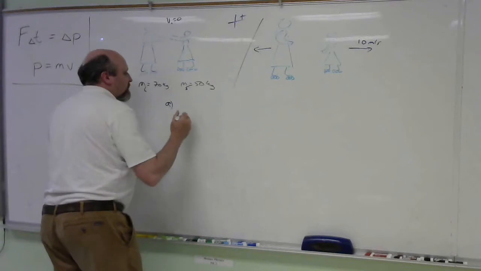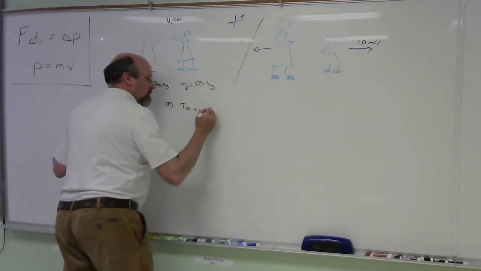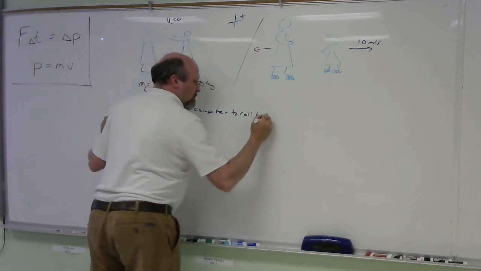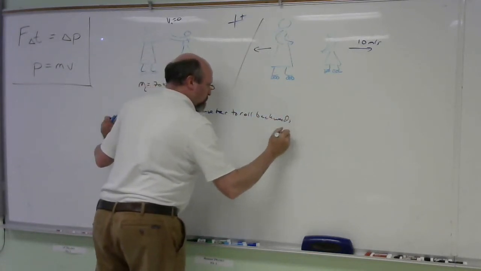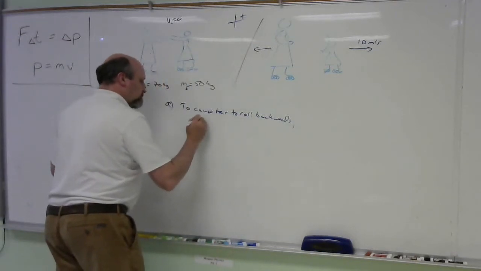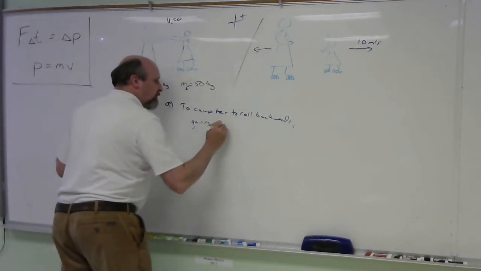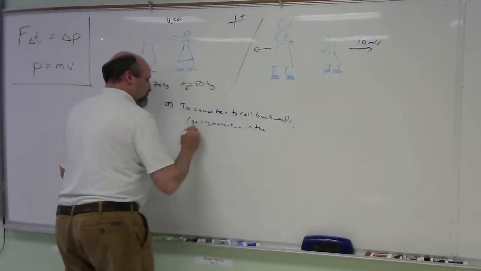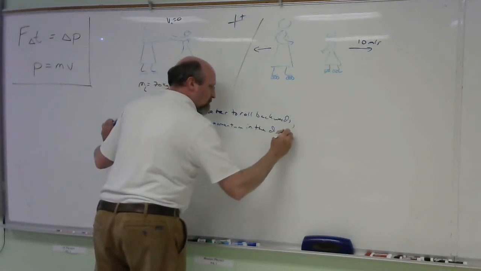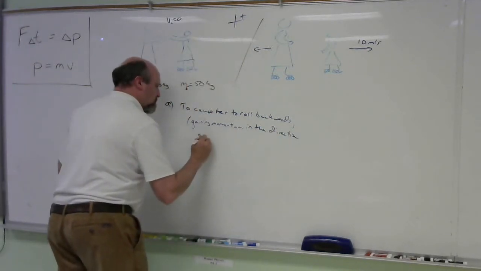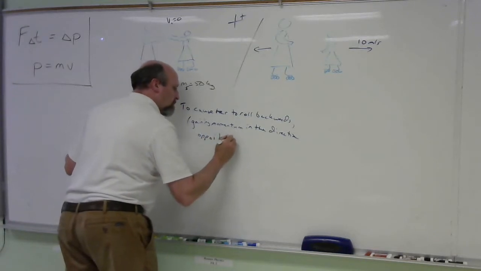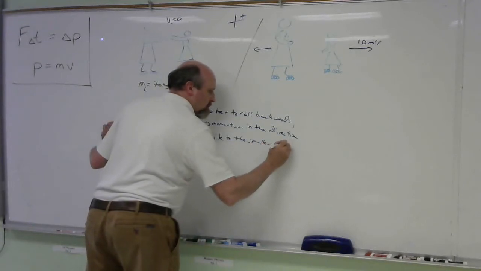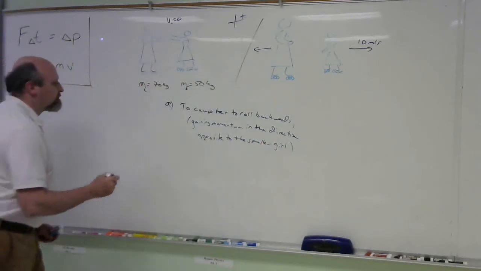It is to cause her to roll backwards, gaining momentum in the direction opposite to the smaller girl.